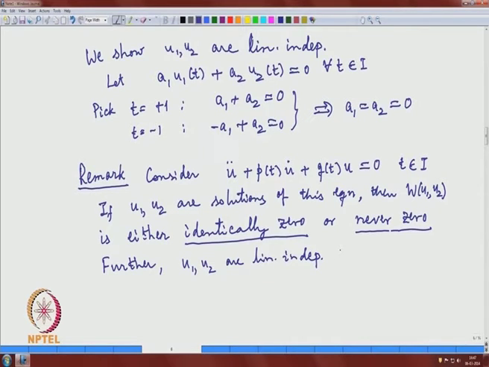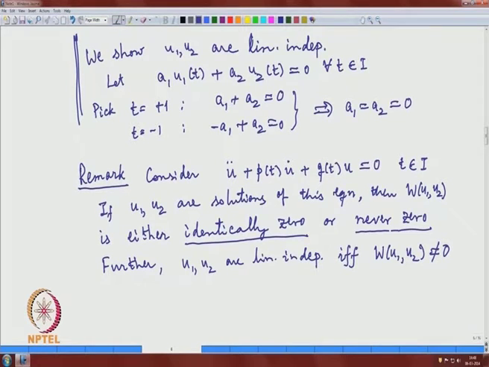See, earlier we proved that if the Wronskian is not 0 even at one point, then u1 and u2 are linearly independent. Now, here it is if and only if. Okay. So, we saw through this example this converse may not be true, but when u1 and u2 are solutions of this homogeneous second order equation, then the converse is also true. That is an important thing you are going to learn in the study of second order linear equations.